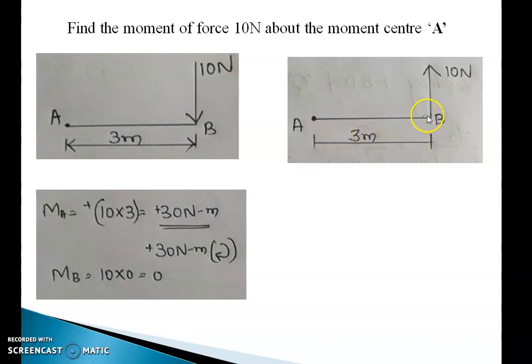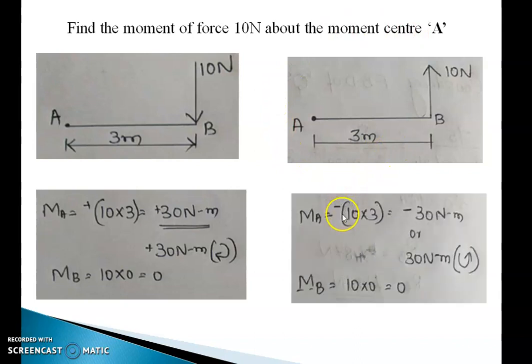But the change here is that the moment of the 10 Newton force about A is in the anti-clockwise direction. Fixing the point at A, the 10 Newton will rotate in the anti-clockwise direction. So the moment about A is minus 10 into 3, minus 30 Newton meter, or I can represent it by 30 Newton meter with the anti-clockwise symbol.